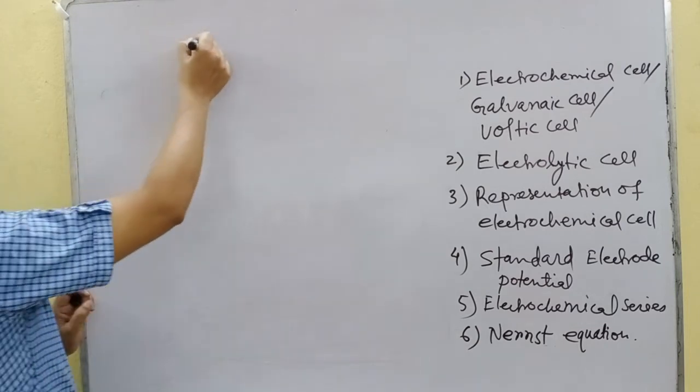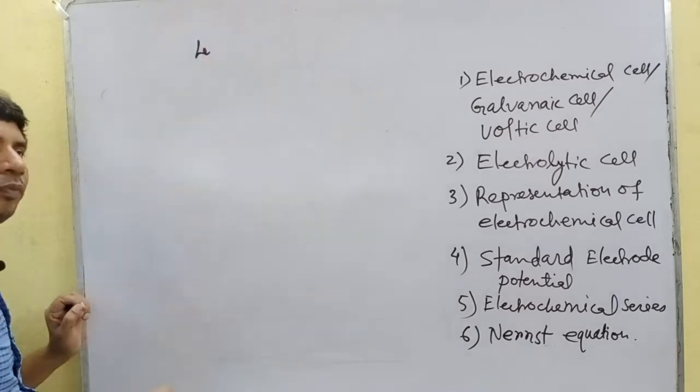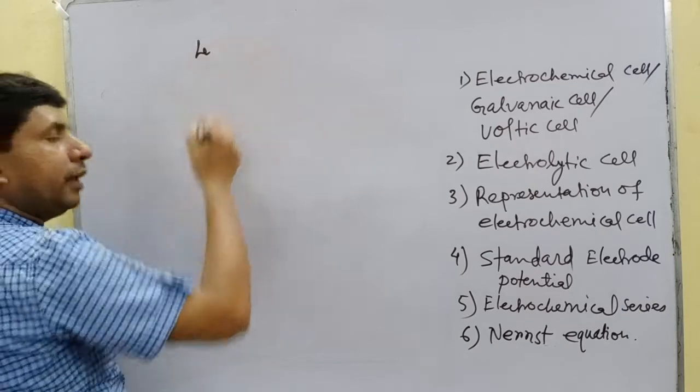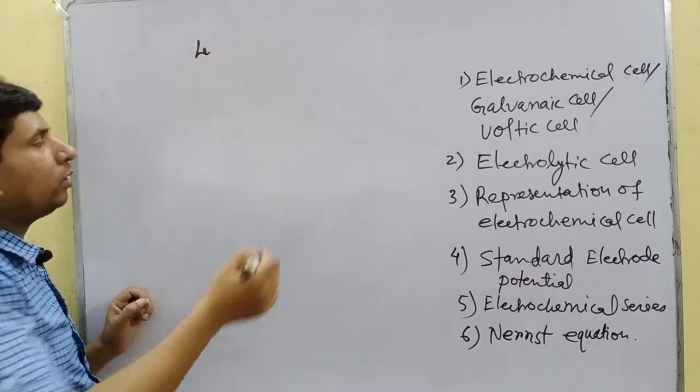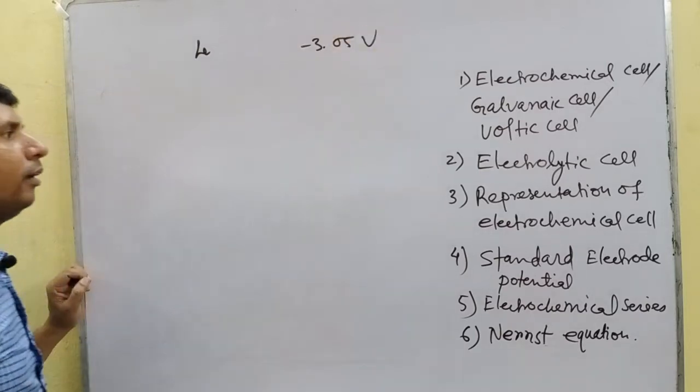In the first position there is lithium. Its reduction potential is about minus 3.05 volt.